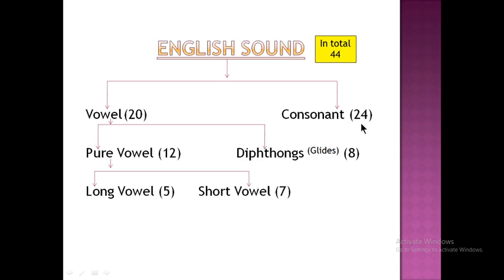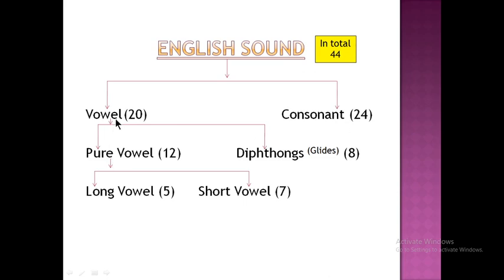But there we did not discuss the specific signs or symbols given to the vowels and their number, and to the consonants and their number. So the total 44 sounds are divided into two categories, vowels and consonants, with 20 vowels and 24 consonants.